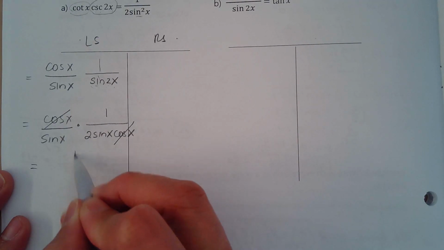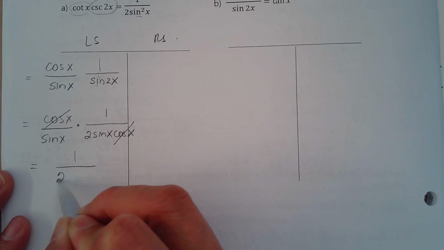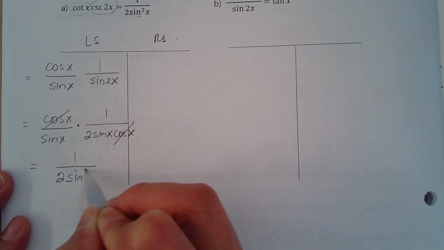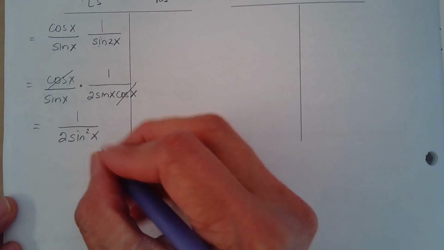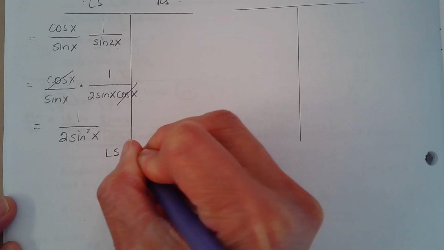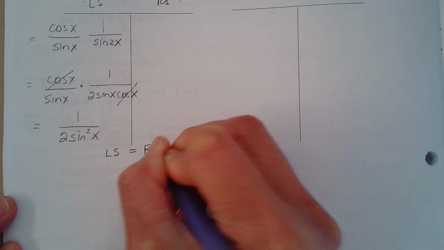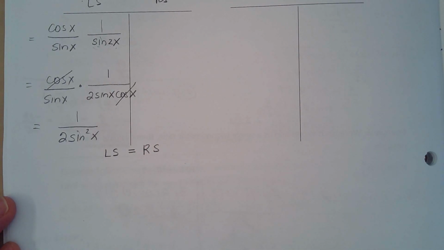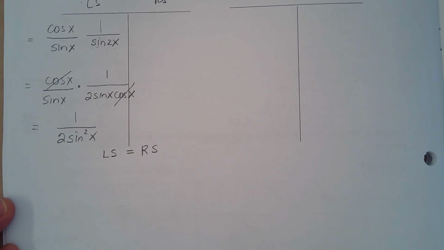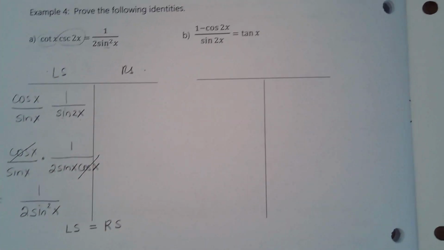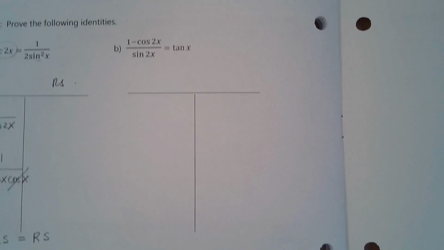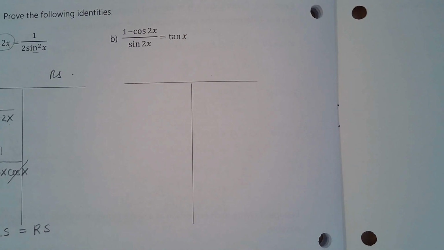And I'm left with 1 over 2 sine squared of x. And then from here, I have to write down left side is equal to the right side. Is that okay? Yeah. Well, that one's not so bad. Let's take a look at B. You want to try the B on your own? Okay, go ahead. Go try it on your own.